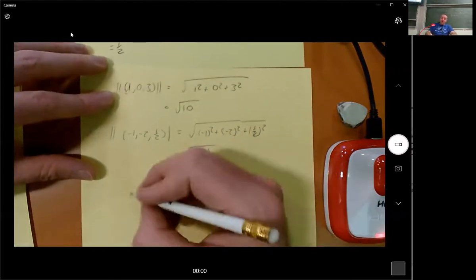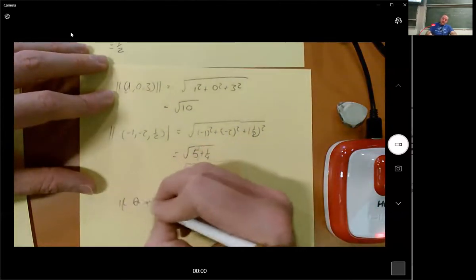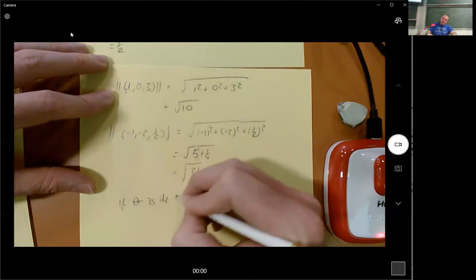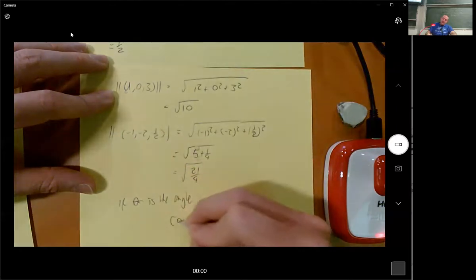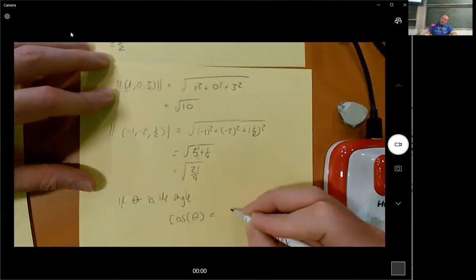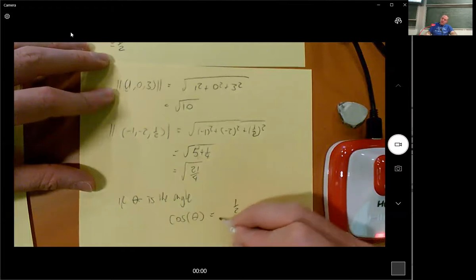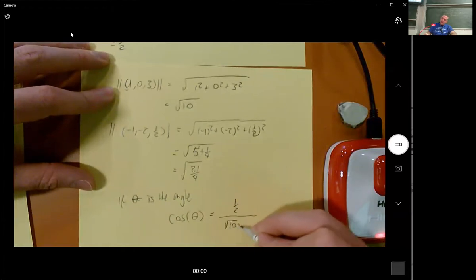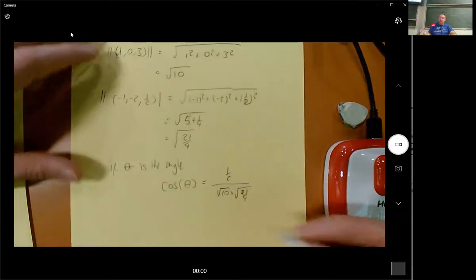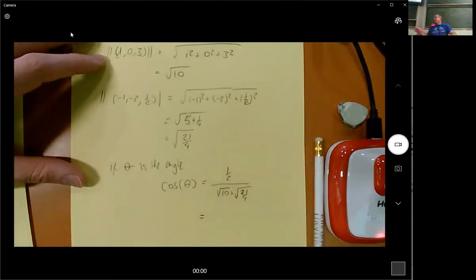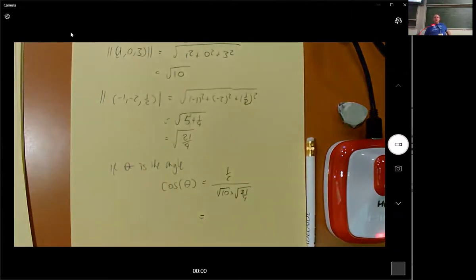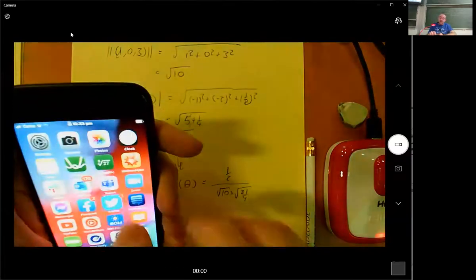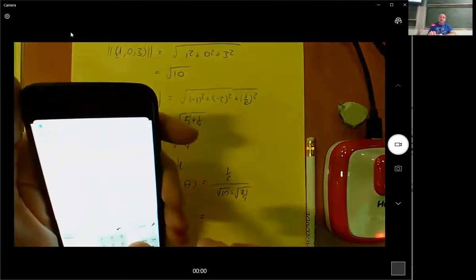And so therefore if theta is the angle, then cos of theta is going to be the dot product divided by the 2 lengths, which is where I would use a calculator to help me. If I could find one. I'm sure in your exam you're not allowed to use Desmos on your phone, but this is what I've got.